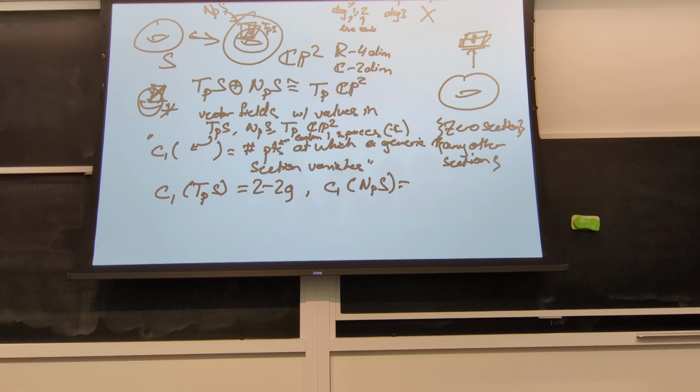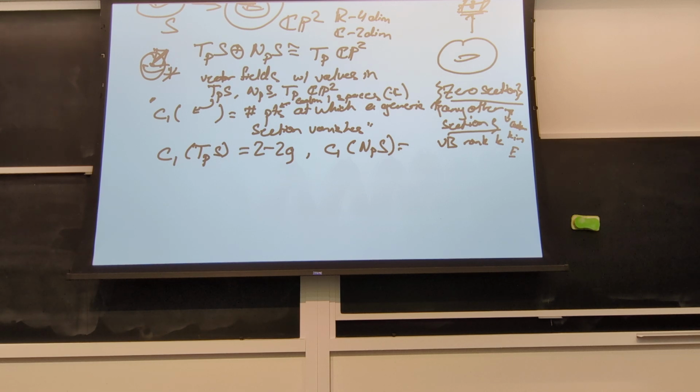So if your vector bundle has rank k, which remember means that each vector space is k-dimensional, then each of these is codimension k in the vector bundle E. So if you take the intersection of those two, then it'll be codimension k on the zero section itself as well.